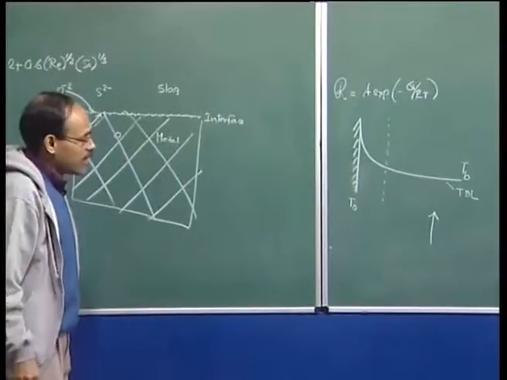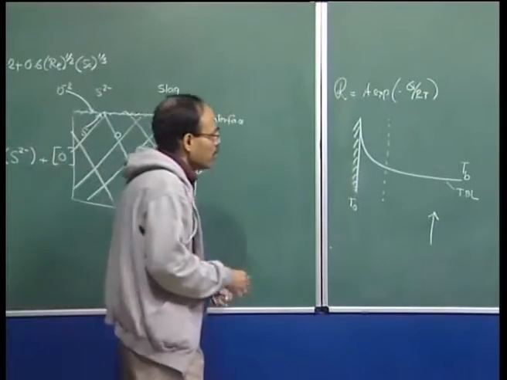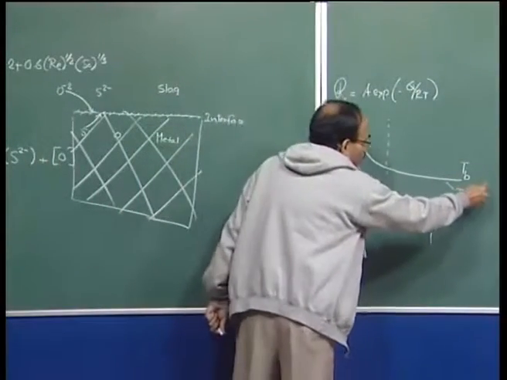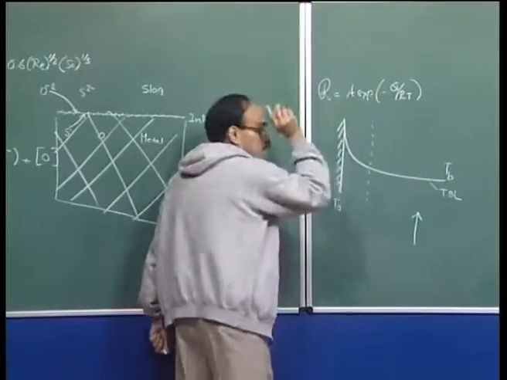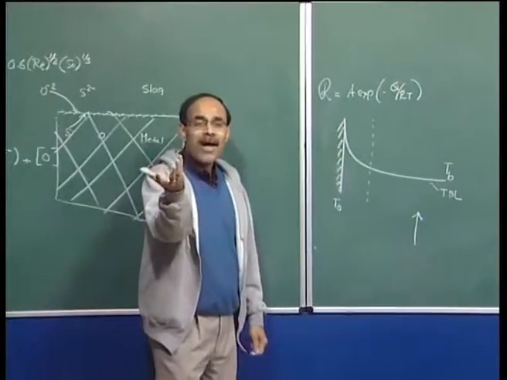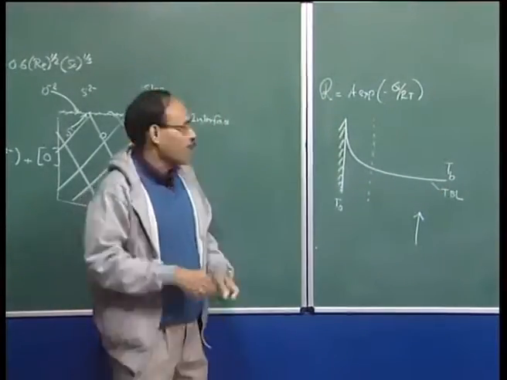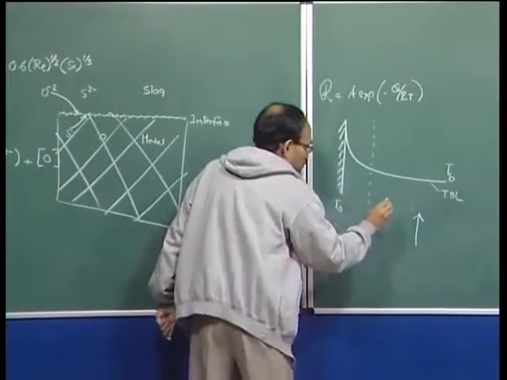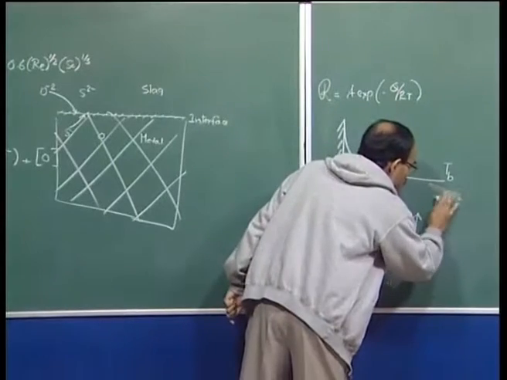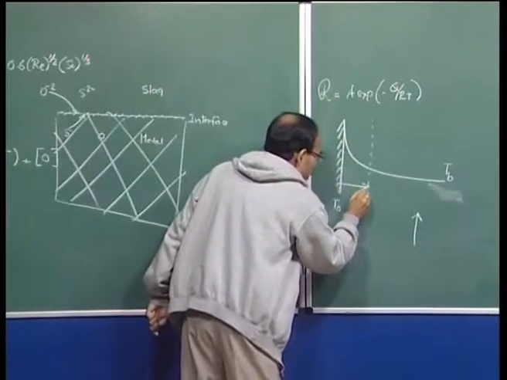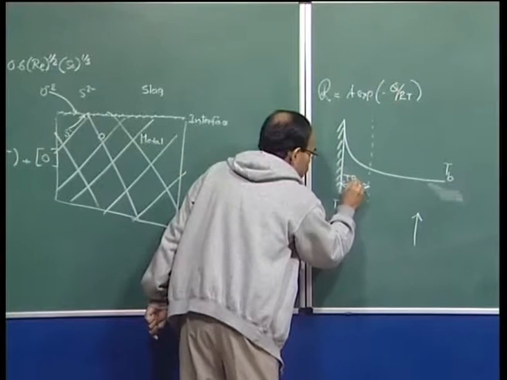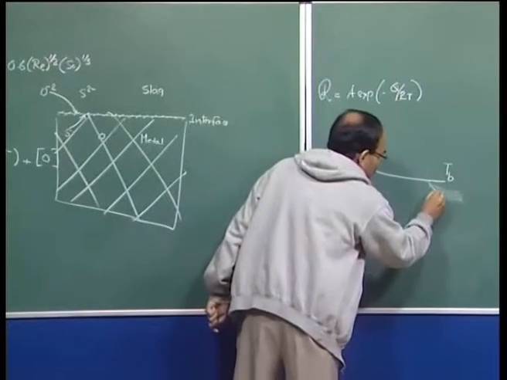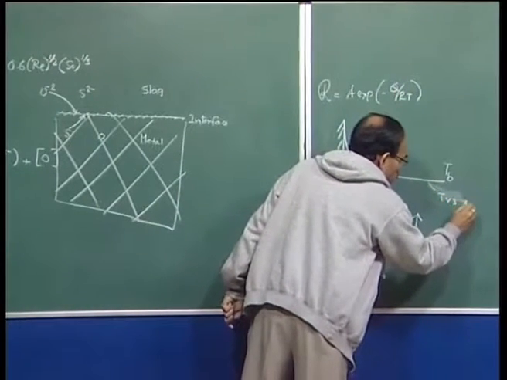Now, basically what we see is that heat is being transferred from the bulk to the solid surface, and I can now split it into two parts. This is the thermal boundary layer, and this is the T versus X plot.